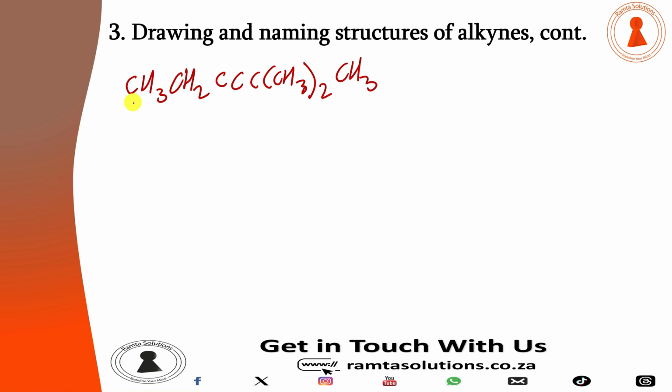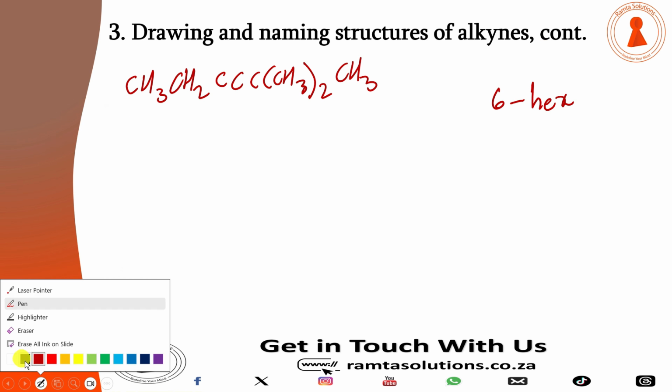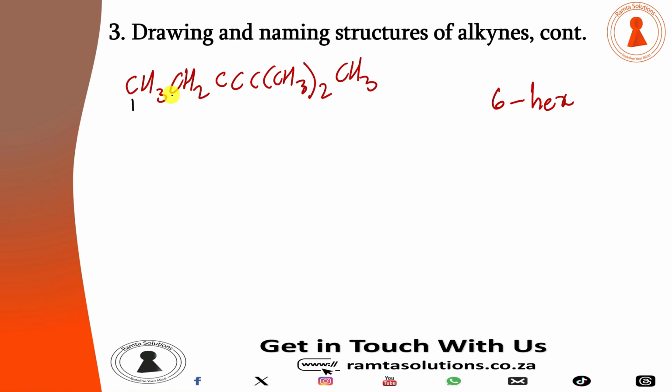Now, what are we seeing here? The longest chain will be 1, 2, 3, 4, 5, 6. Can it also be 7? I think 6. So it'll be 6. With 6, what do we call it? We call it hex. Right? Now let's start numbering. We will confirm 1, 2, 3, 4, 5, 6.